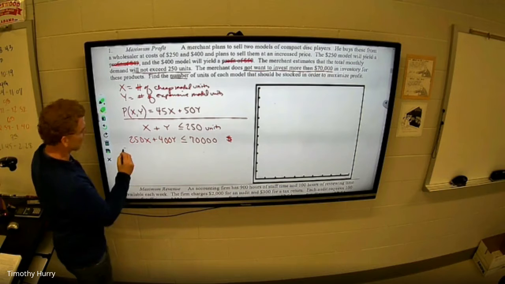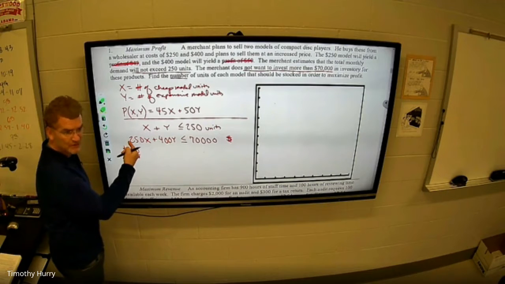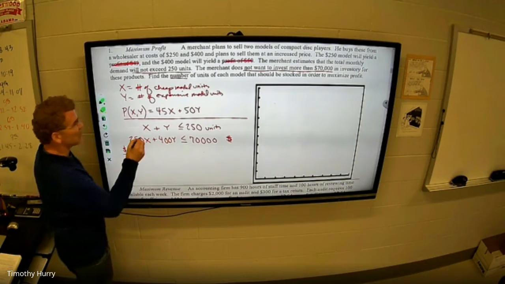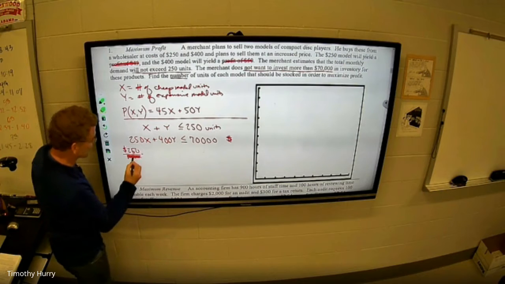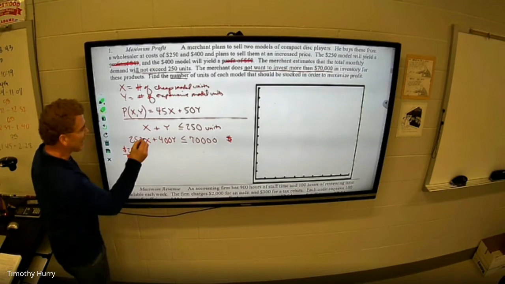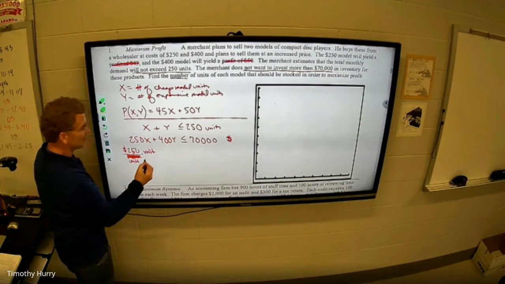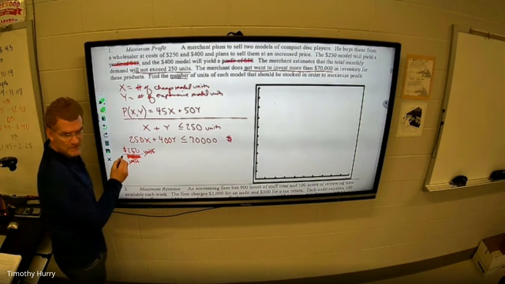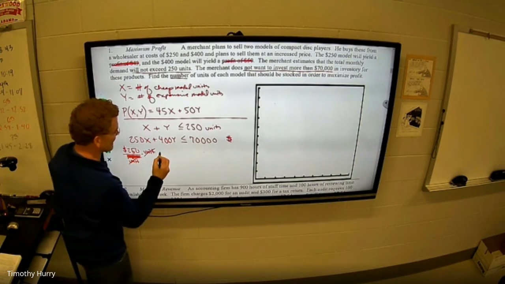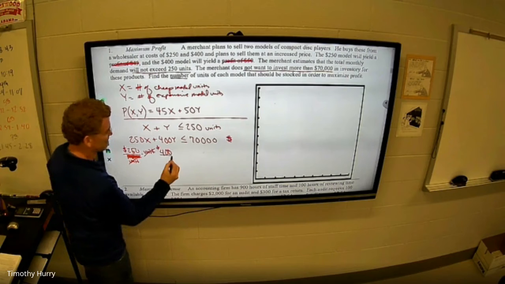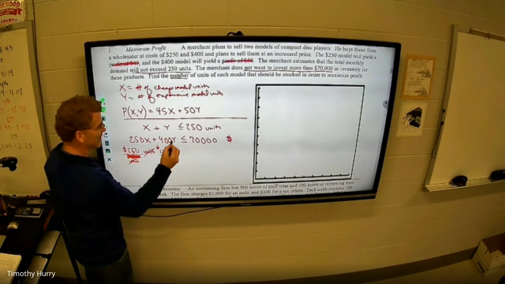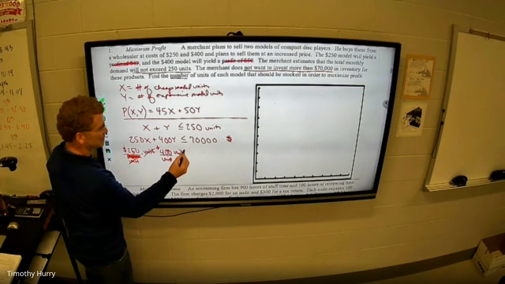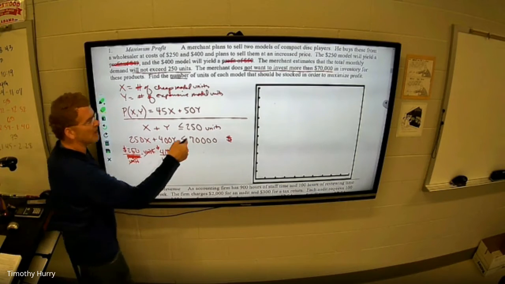So I have $250 per model, or $250 per unit, times the number of units. The units cancel, and what do I end up with? Dollars. This is saying I'm spending $400 per unit, and I'm multiplying it by the number of units. Units cancel, and dollars plus dollars equals dollars.